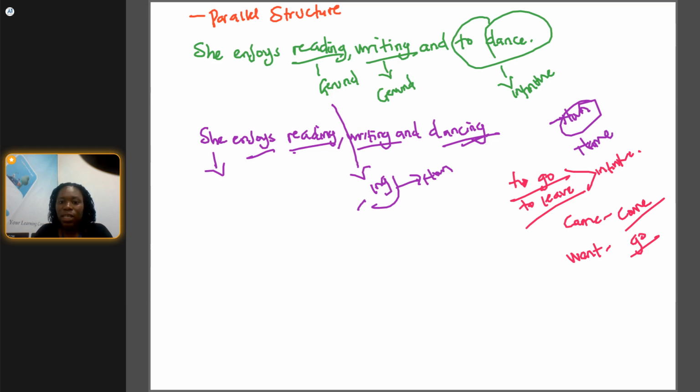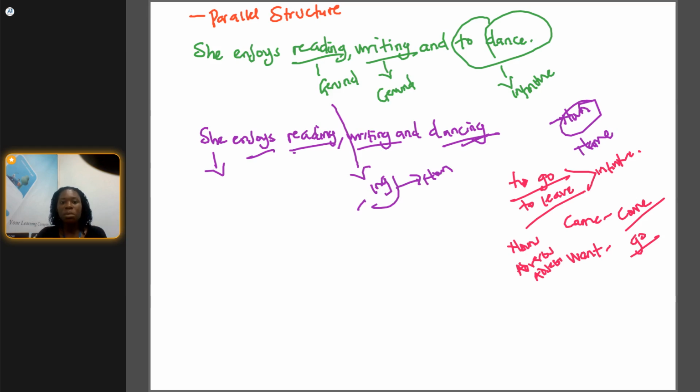So this infinitive can act as a noun, an adverb or an adjective. Gerund acts only as a noun, but in the case of infinitive, to go, to leave, to come, to eat, etc., they can act as nouns, as adverbs, or as adjectives.